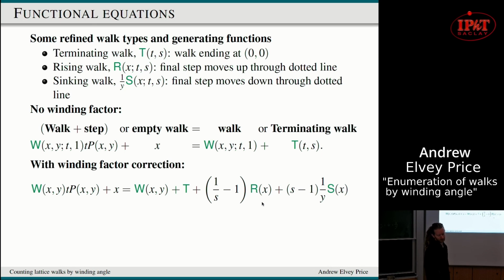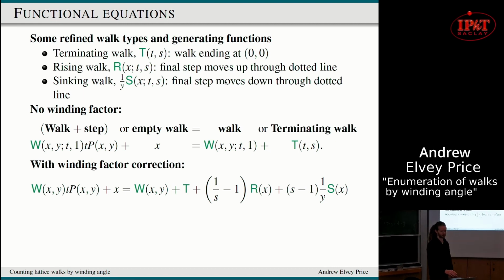In W we really have the functions R and S, because rising walks and sinking walks are walks counted by W. But in the walks with a step added, there may be cases where the multiplication by s, or by either s or s inverse, hasn't happened, and so we need the 1/s here and s here to correct for that.